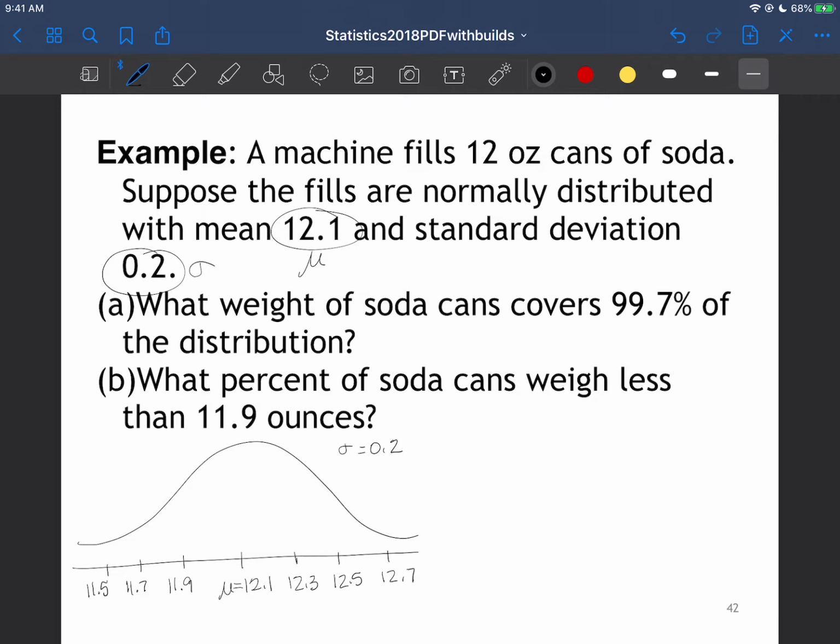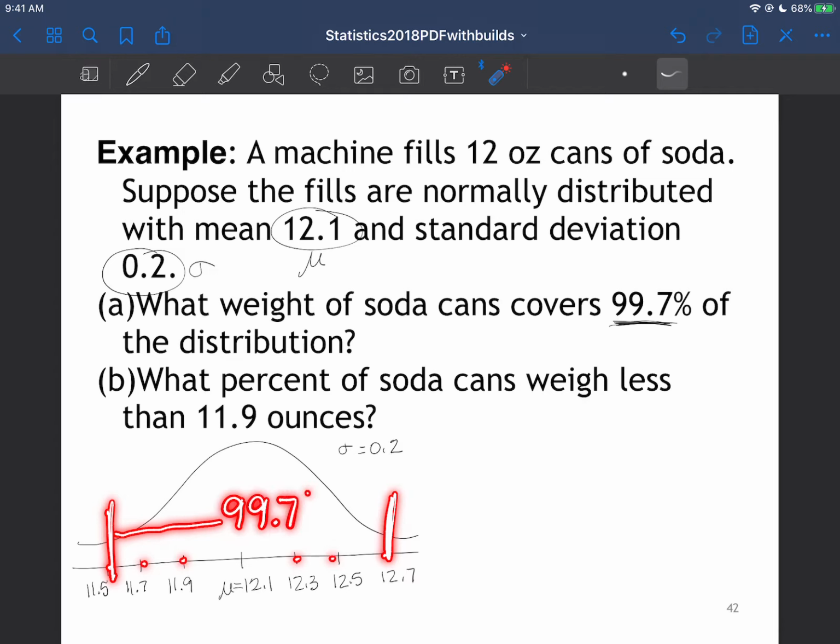All right, the first question wants to know what weight of soda cans covers 99.7% of the distribution. Well, 99.7 is the third number in our rule, and the rule says that if I go out 3 standard deviations on either side of the mean, so 1, 2, 3 standard deviations to the left and 1, 2, 3 standard deviations to the right, this is going to contain 99.7% of the data.